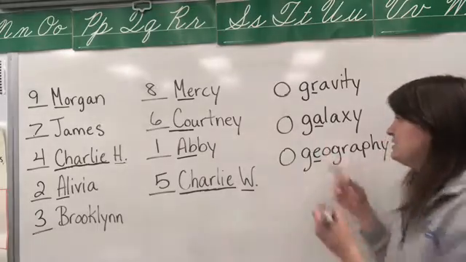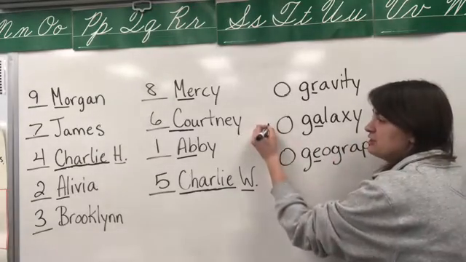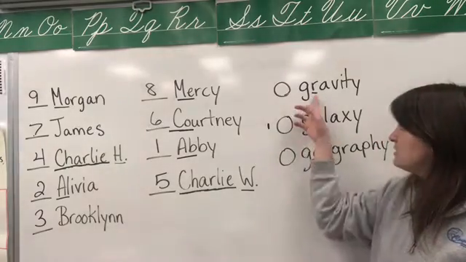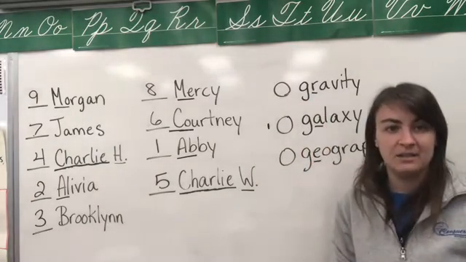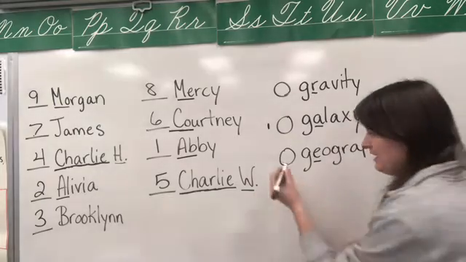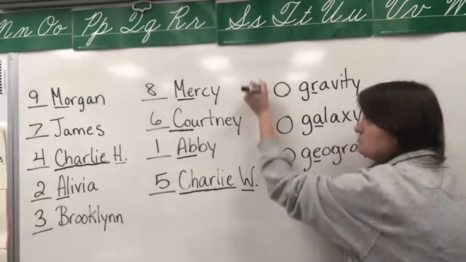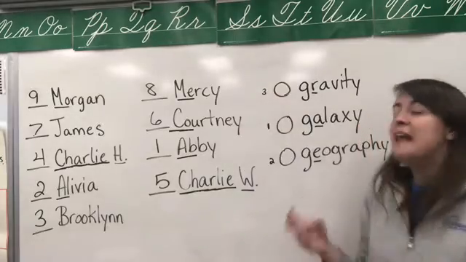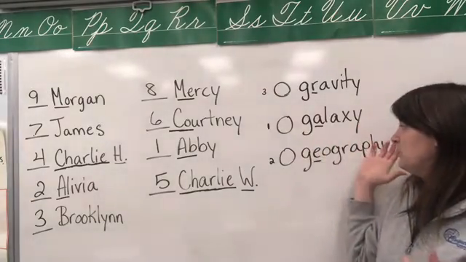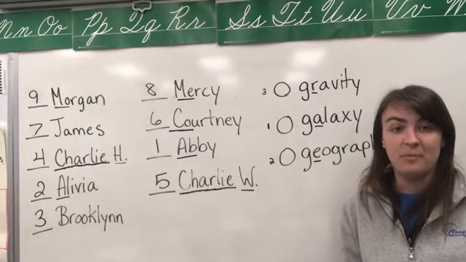That's right, A does. So galaxy would be the first one if we were putting them in alphabetical order. Then, does R or E come next in alphabetical order? That's right, E comes next, which would make R third. Now I can mark next to the bubble of the word that comes second in alphabetical order.